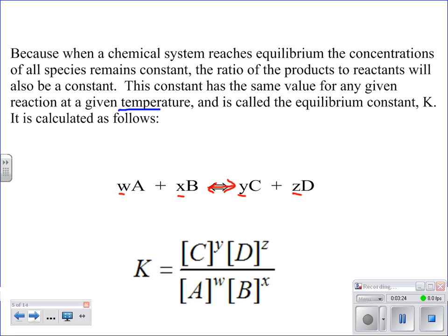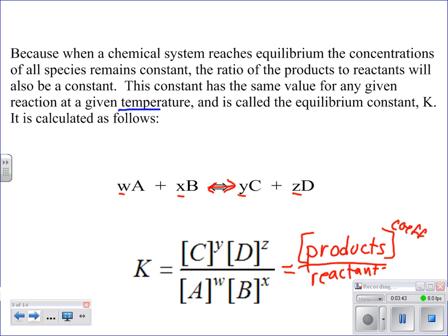So when we calculate K, what you should really be noticing here is that C and D are our products. So we have products raised to the power of their coefficients divided by reactants raised to the power of their coefficients. So products go on top.